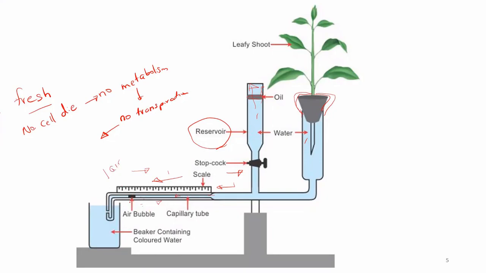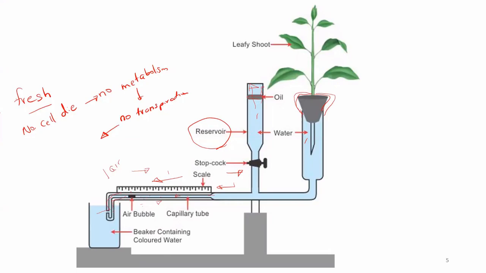So if possible, you can go for colored water, because plain water is transparent, with no color. At the time of transpiration, the water moves into this area, and this is the air bubble, so this area has a different color.